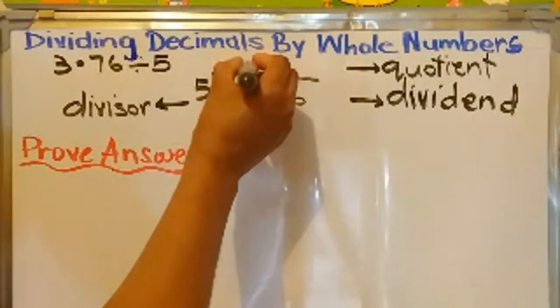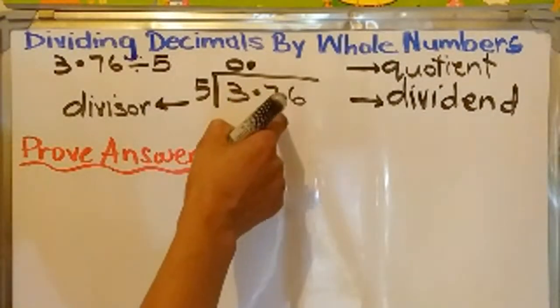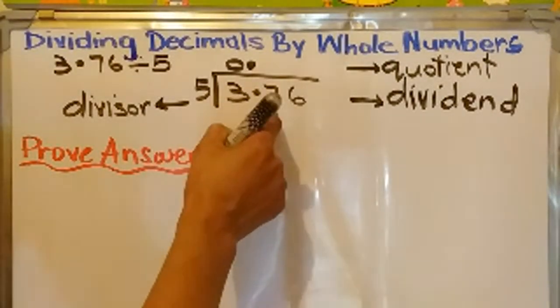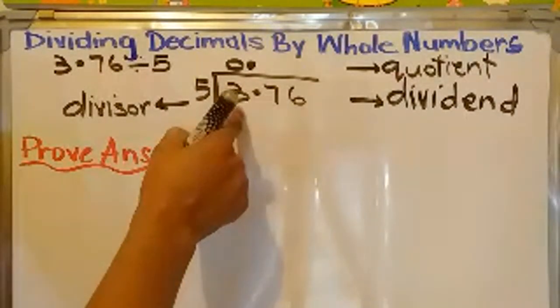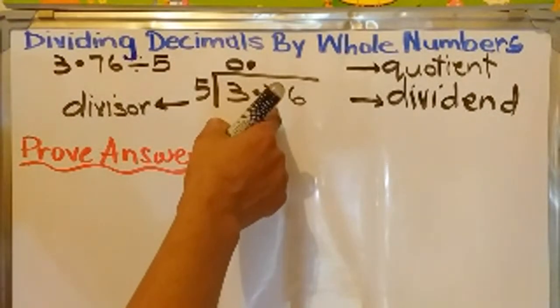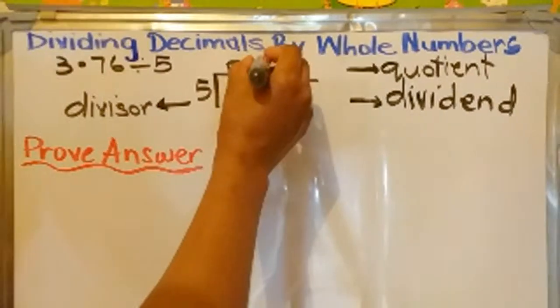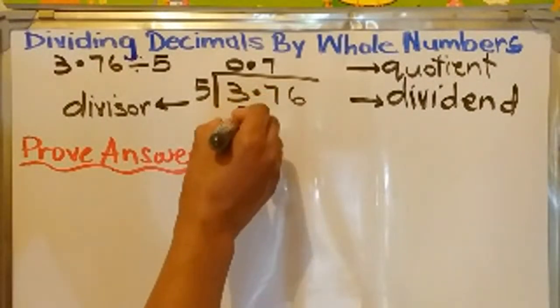Put your decimal place back. Then take the next digit and put it with the first one, which is 7. So now you have 37. Ask yourself, how many groups of 5 can you get from 37? Of course, you can get 7 groups. And 7 times 5 is 35.